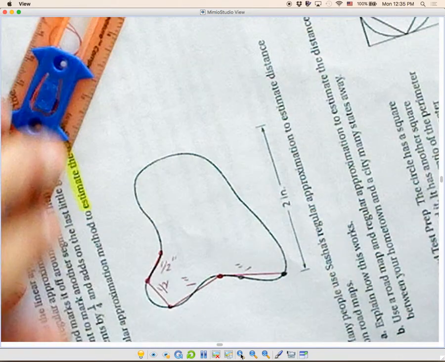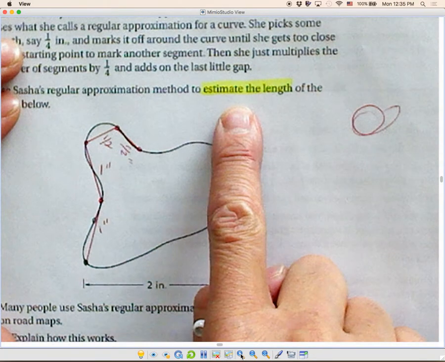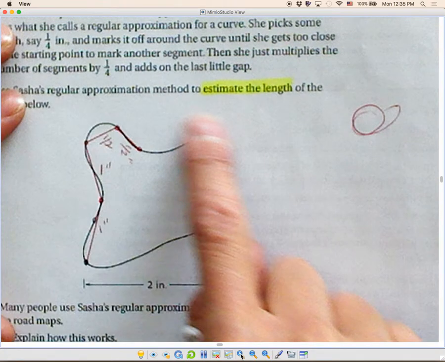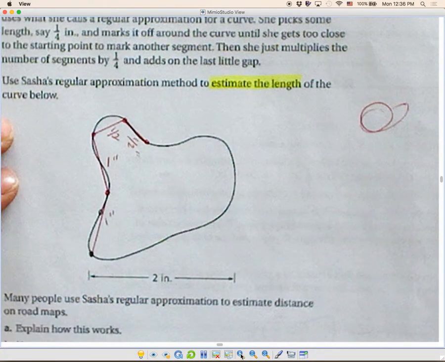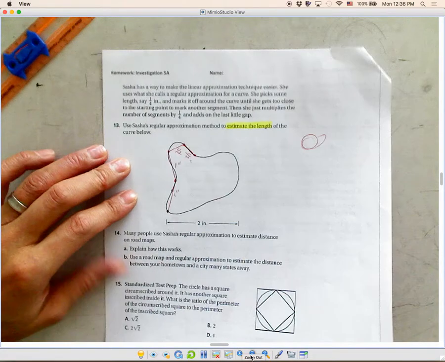If you go around and add all the lengths, it's going to be the estimated length, or approximated length, of this curve. That's what this problem asks you to do.